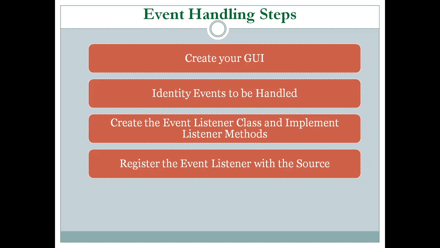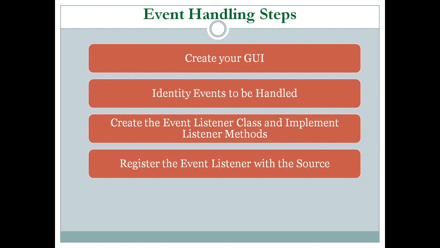GUI components may generate many different types of events. If you take the example of a button component, a button may generate different events. A button may generate an action event when you click on it. When you take your mouse cursor onto the button, it may generate a mouse event, or when you move the mouse on it, a mouse motion event is generated.